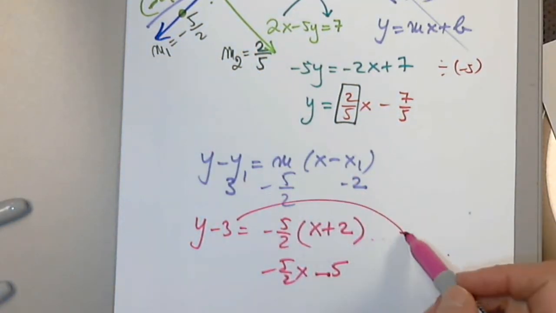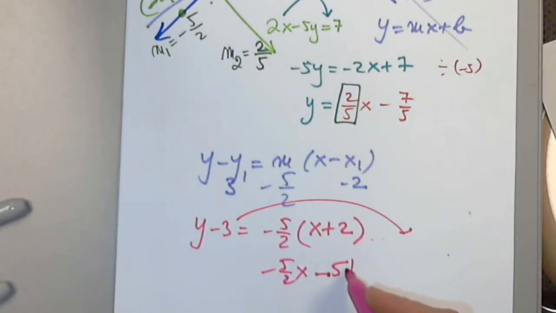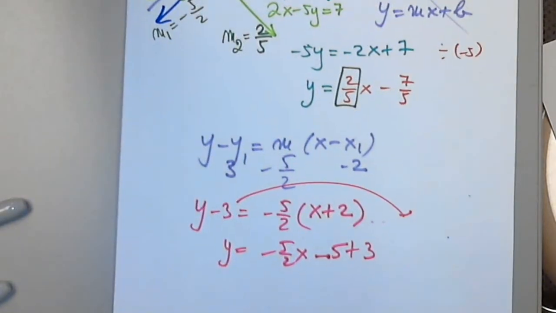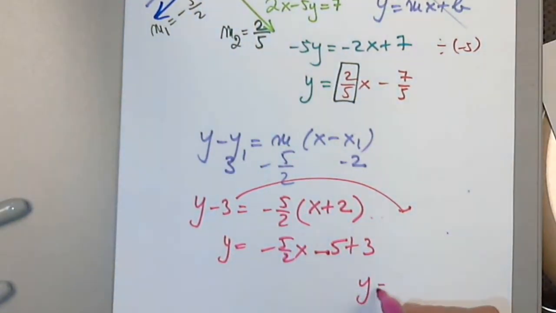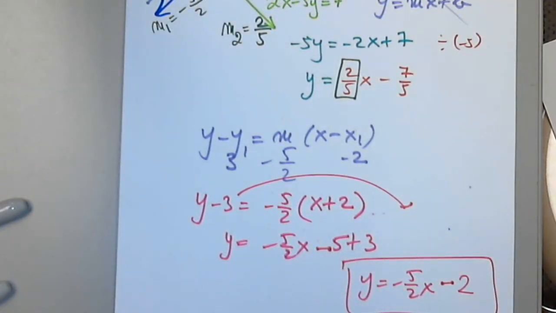And then I have to bring 3, it was negative on this side, positive 3. So finally, y equals negative 5 halves x, and then? Plus 2. Good. Can anyone tell us what this equation represents?